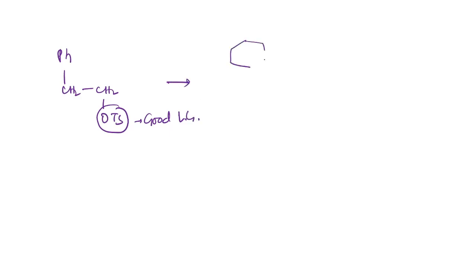So in this case, phenyl will be involved in neighboring group participation by involving its pi electrons like this. The pi electrons will be polarized towards the OTS attached carbon and OTS will be eliminated.